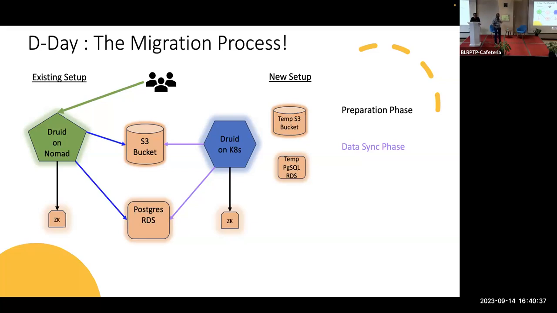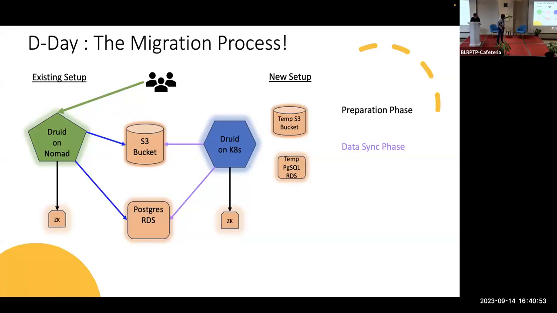Why will this happen? The reason is that the most important component in Druid is the coordinator. The coordinator is responsible for the availability of data, replication of data, and balancing of data, right?